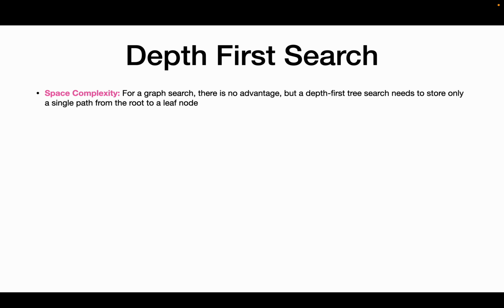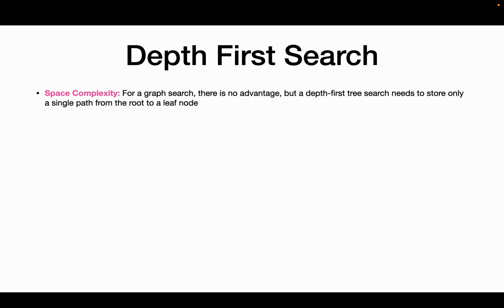Coming to the space complexity, this is where DFS has the advantage because it doesn't need to save the nodes of a particular path once it has reached the leaf node.